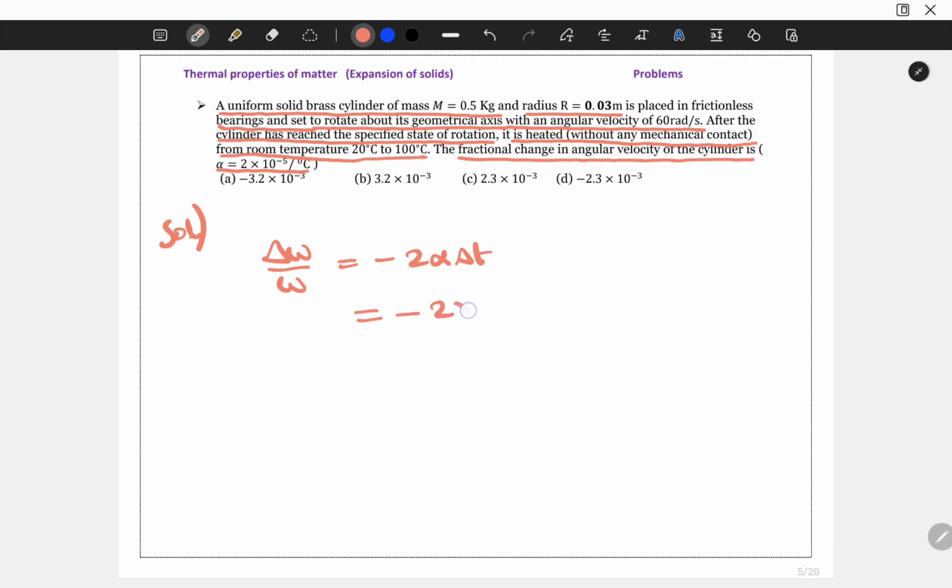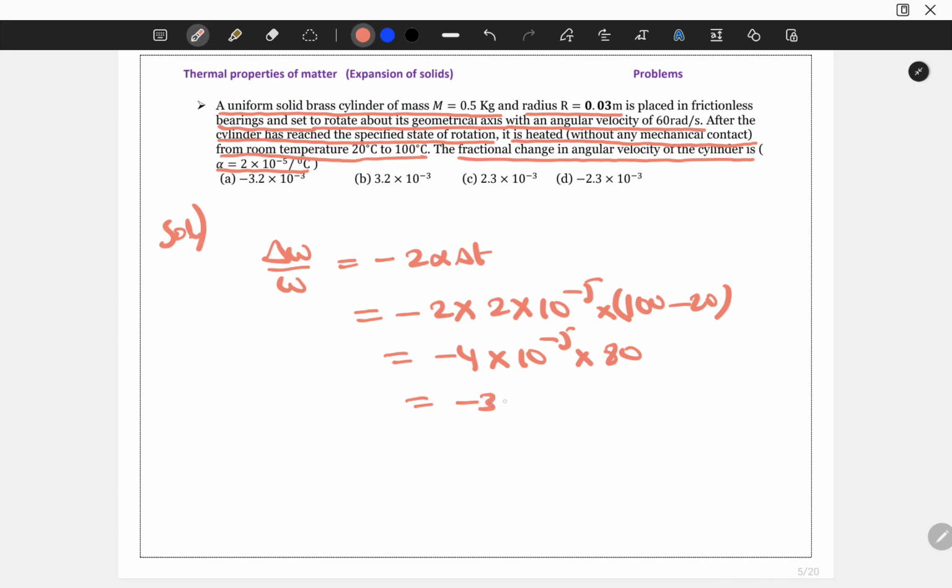If you observe, the fractional change in the angular velocity of the cylinder means delta omega by omega. This is minus 2 into alpha value, which is 2 into 10 power minus 5, into delta t. Delta t is 100 minus 20, of course 80. This is minus 4 into 10 power minus 5 into 80.